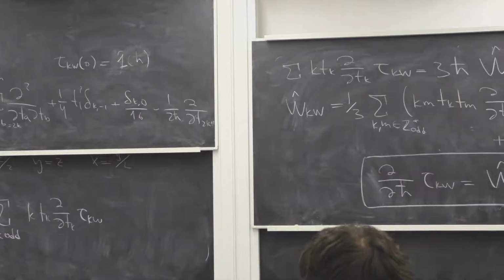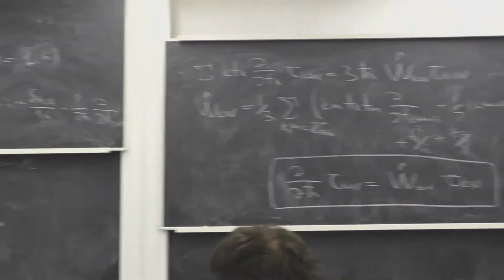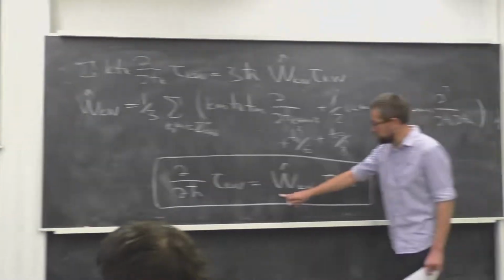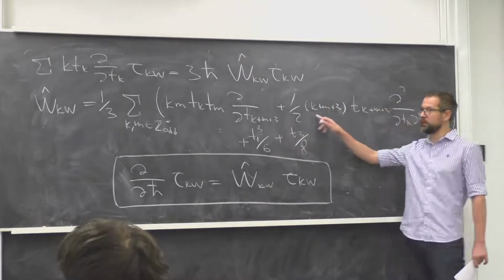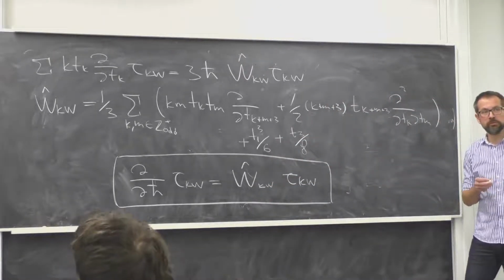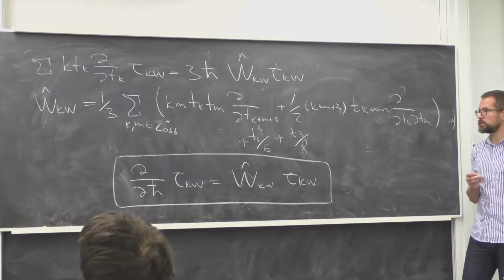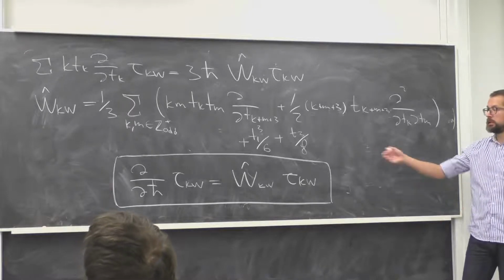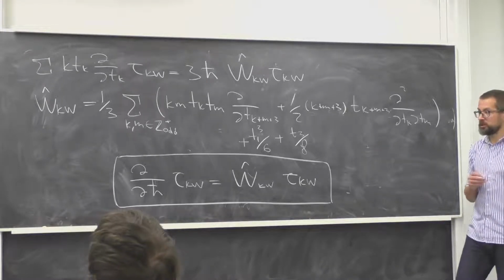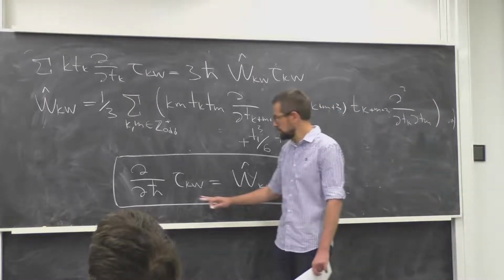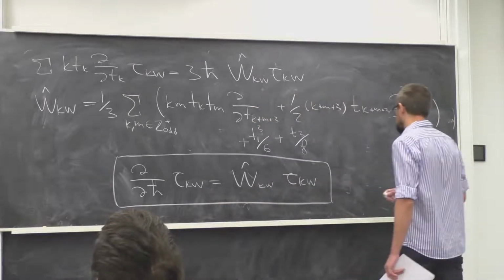So this is the equation you get, and let me stress that this operator W does not depend on h bar. It depends only on this t variable. So it describes the dynamics with respect to h bar, and you can immediately write a solution.